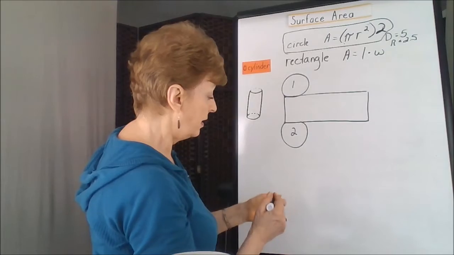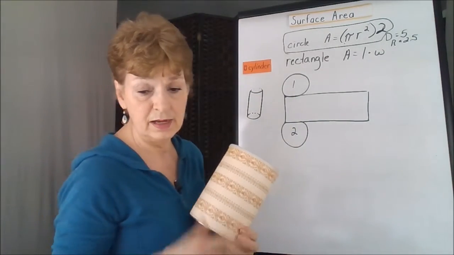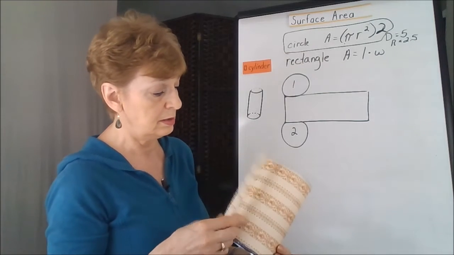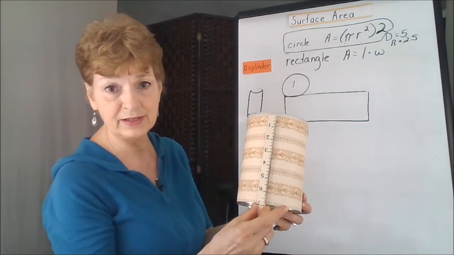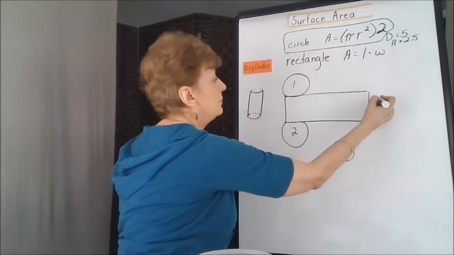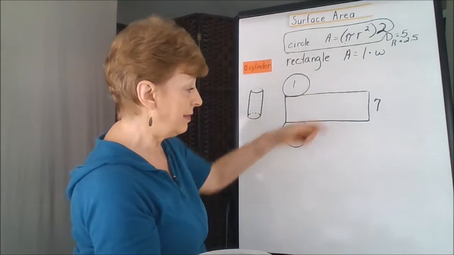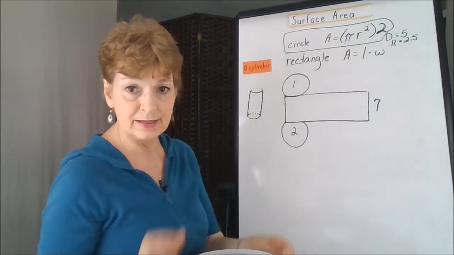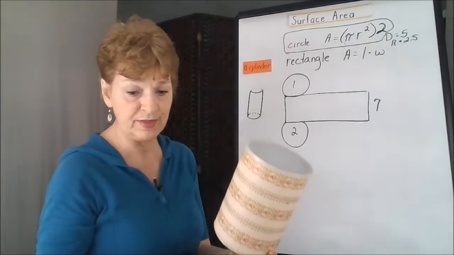Now our rectangle, the width of the can can be measured. In this case, we have 7. But the length of it is going to be hard to know unless we peel the label off and measure that.